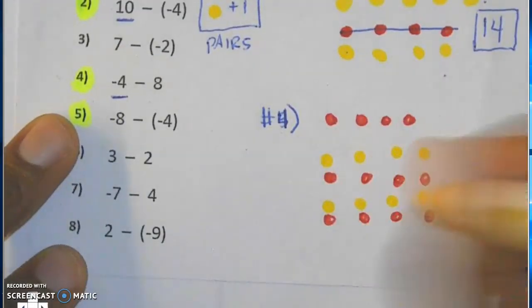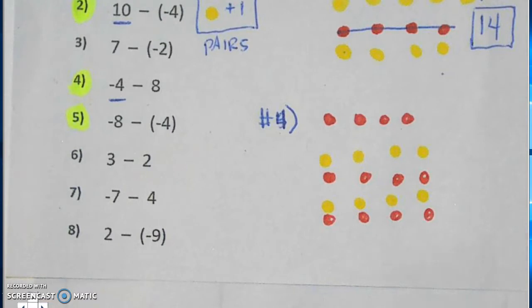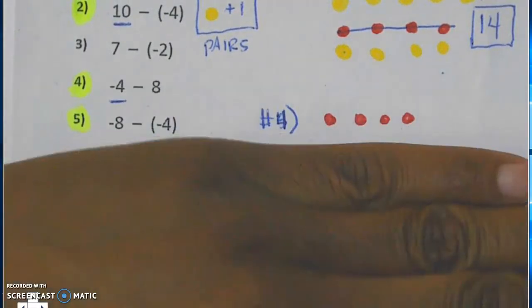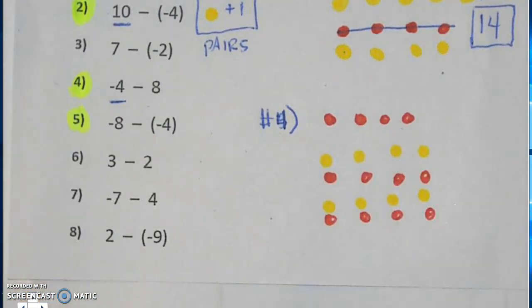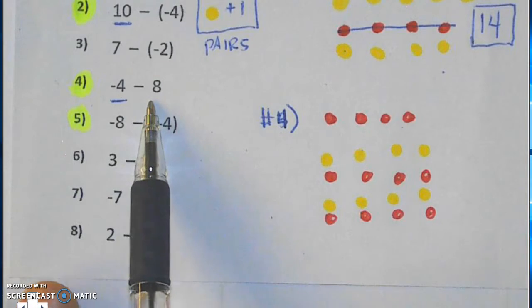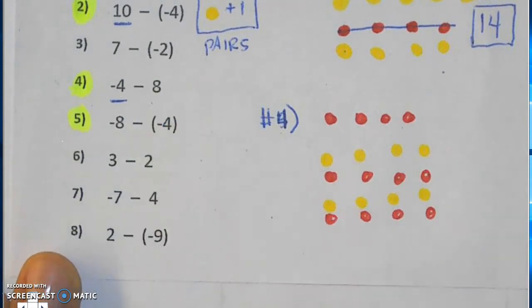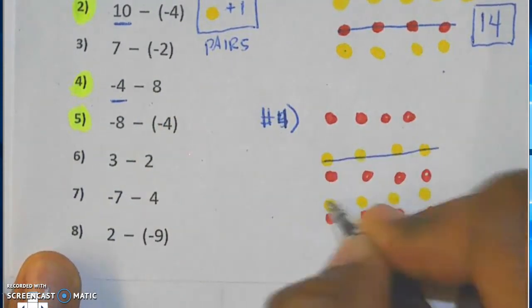Again, when I add, I'm adding yellow and red, both pairs. A yellow and a red make a 0 pair. That's 0. So even though I added these 8 0 pairs, each pair equals 0. So it's just like all you see is this negative 4. Now, to get my positive 8, I'm going to break up my 0 pairs and take away the 8 yellows.